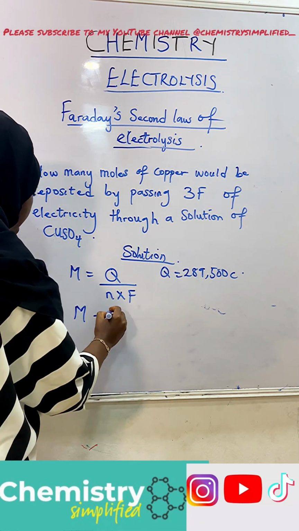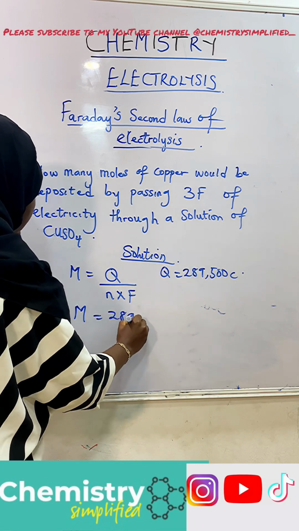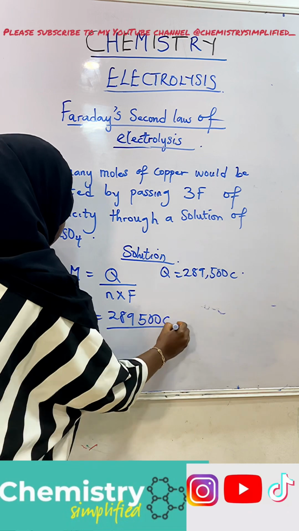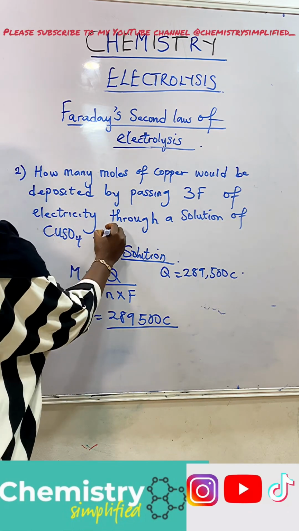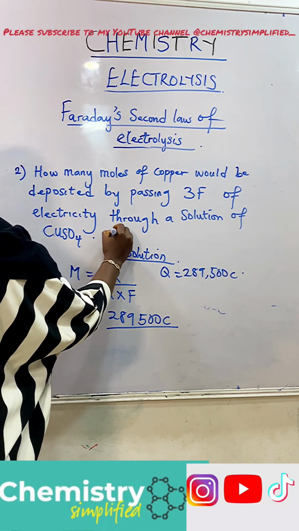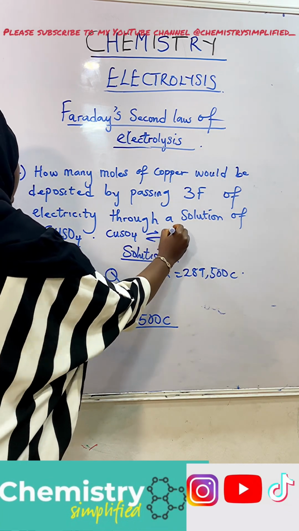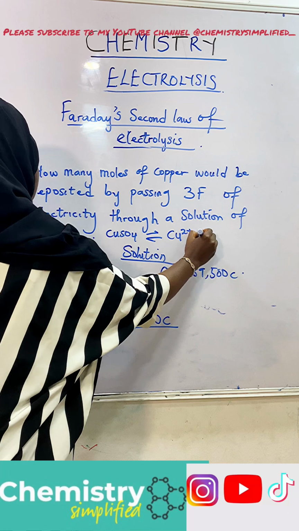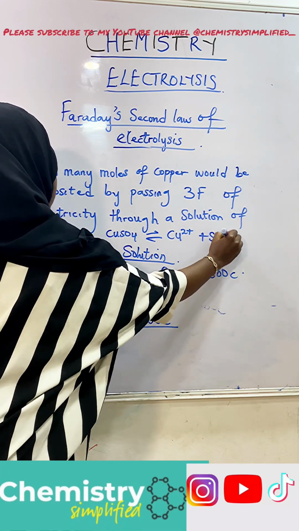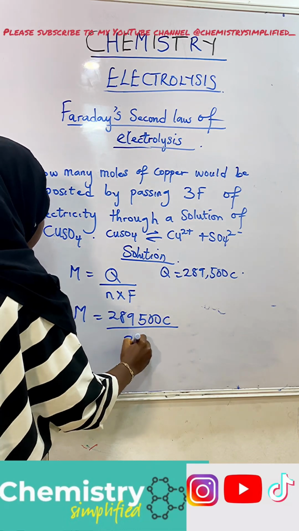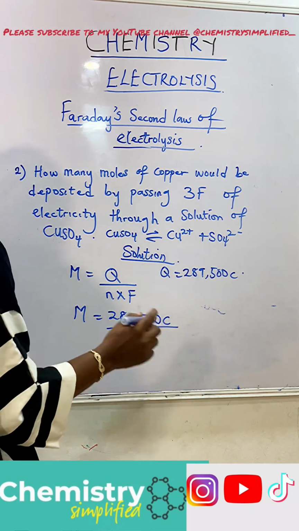Our Q is 289,500 coulombs all over number of charges. Remember, copper sulfate, when it breaks down or dissociates, we have copper 2 plus and SO4 2 minus. So the number of charges of copper is 2. So it's going to be 2 multiplied by Faraday constant.